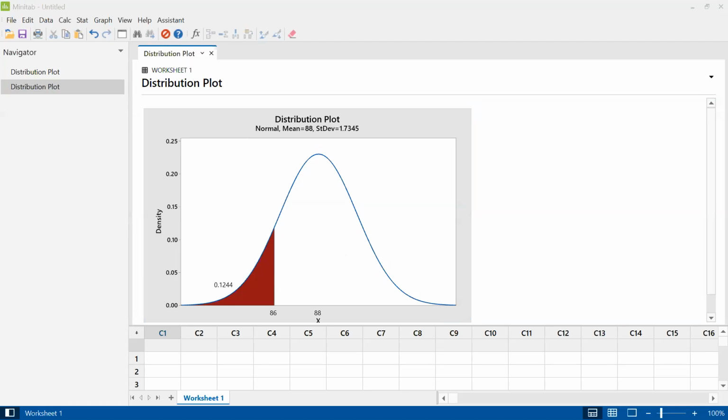Okay, so the third part was to try to find a range where there's a 90% chance that this school would land. So 86 to 90, there's like a 12% chance they're higher than that, and 12% chance they're lower than that.